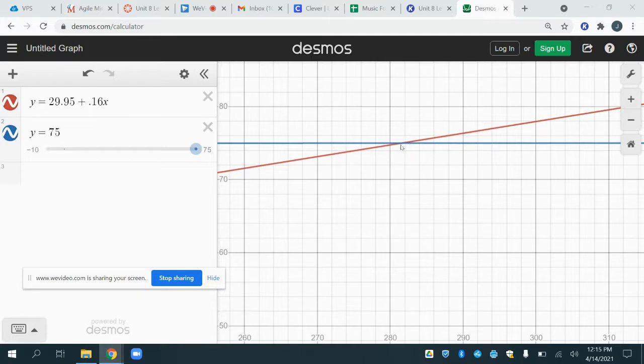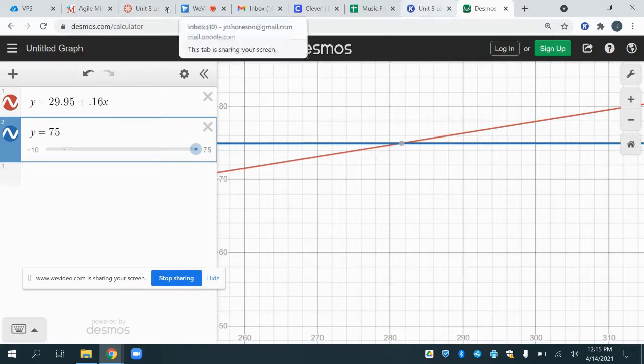Where is it? Well, the cool thing about Desmos is if I click on there, look at that, it tells me where they cross. The blue one is at 75. So we're at 75 on the y-axis, and on the x-axis, if I go straight down, that's 281.5 basically, 281.563 or 25. Okay, so that's pretty cool, isn't it?